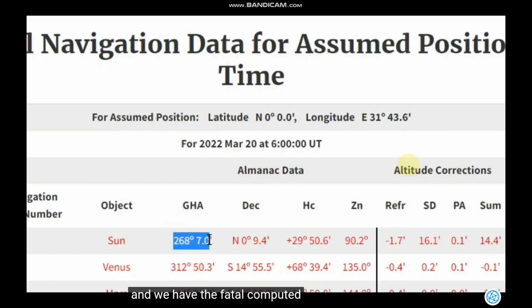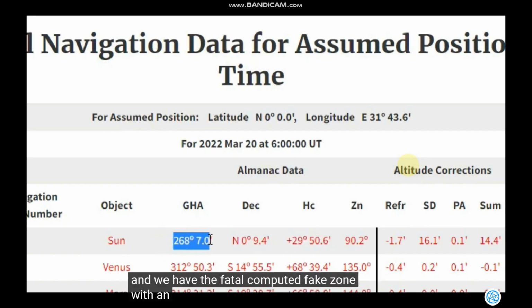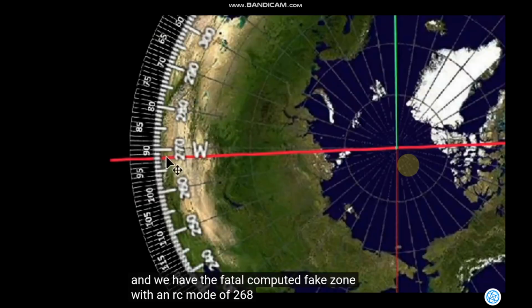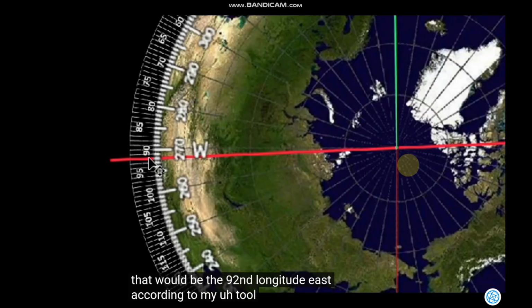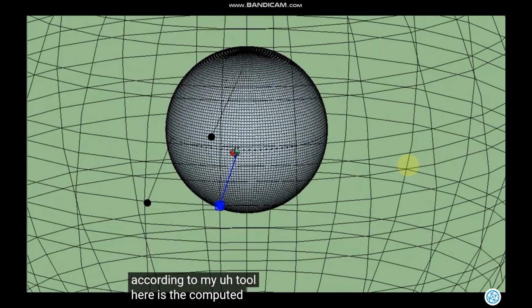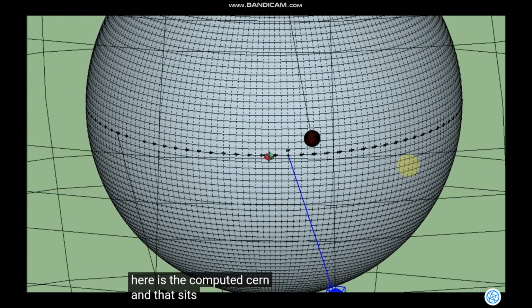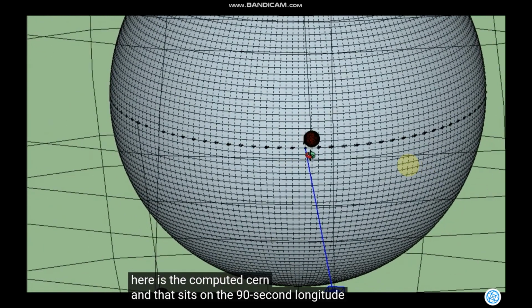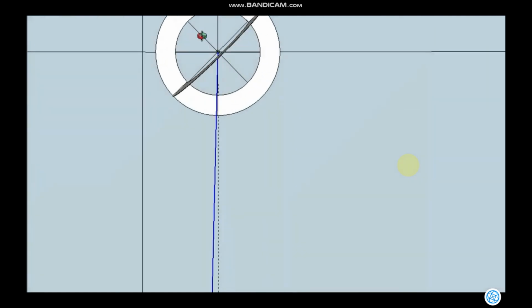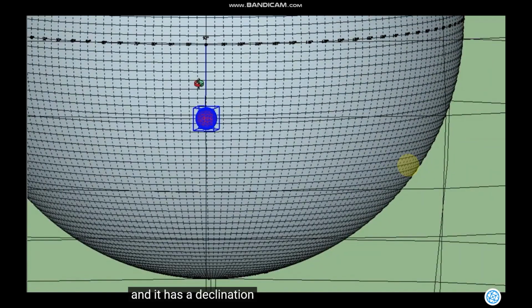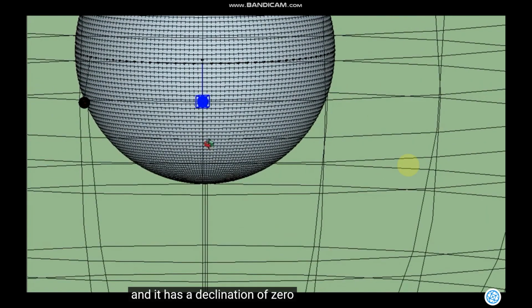And we have the virtual computed fake sun with an azimuth of 268. That would be the 92nd longitude east, according to my tool. Here is the computed sun, and that sits on the 92nd longitude. And it had a declination of 0.